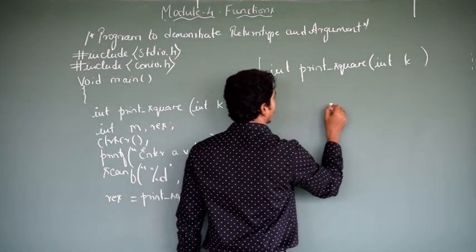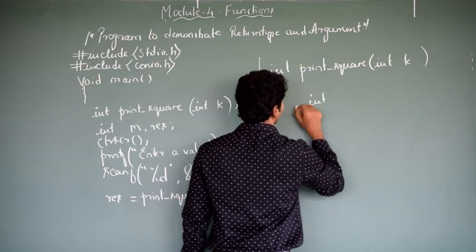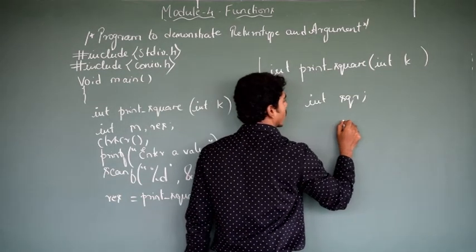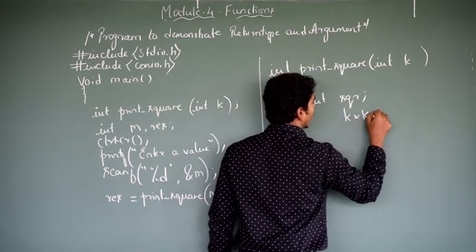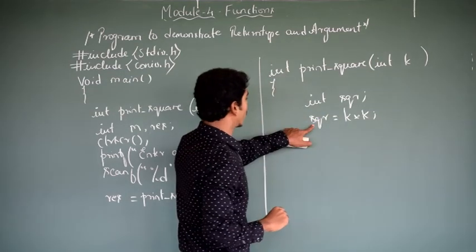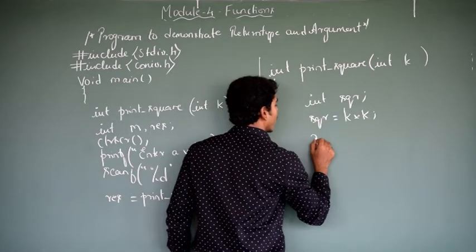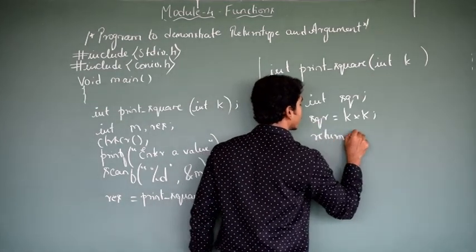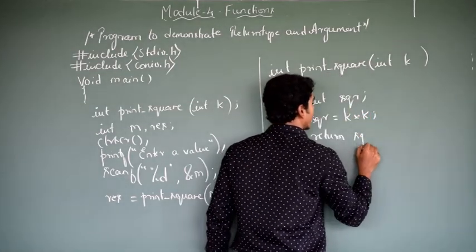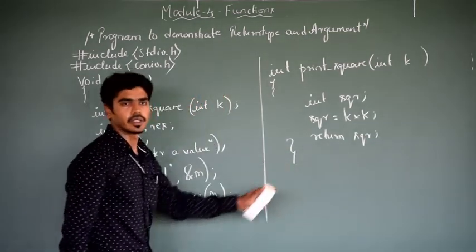Next, I am going to declare another variable, say int sqr. So I use the formula k into k is assigned to sqr. So I got the value computed and stored in sqr. Then I am going to return this value, that is the variable sqr, back to the main program using the return statement. I am going to end this function here.